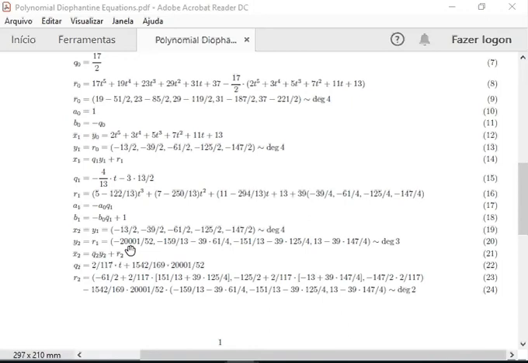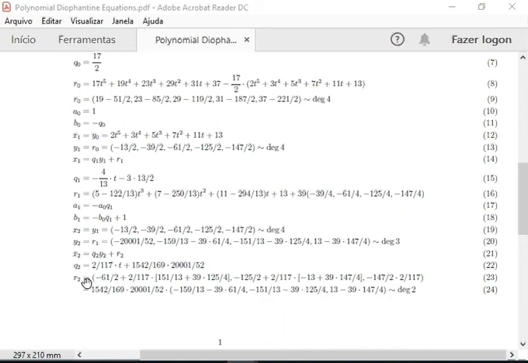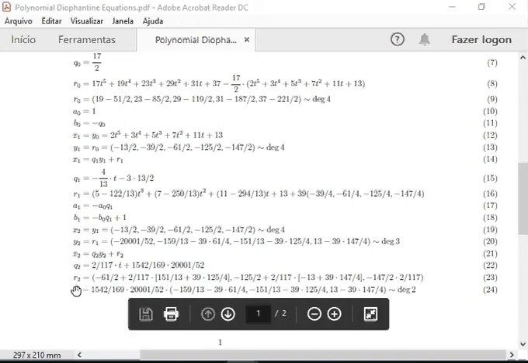Who is r2? Do the same calculations and you have a polynomial of degree 2, the coefficient of 1, the coefficient of t, the coefficient of t2.